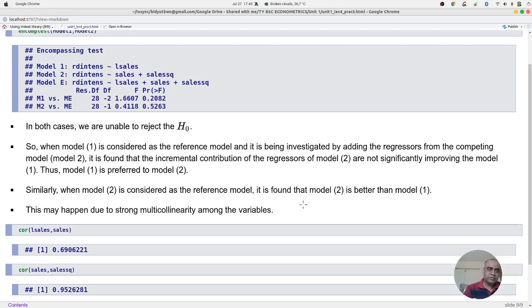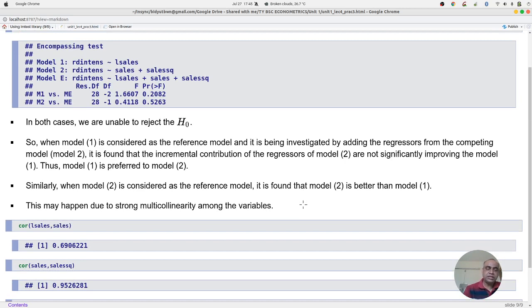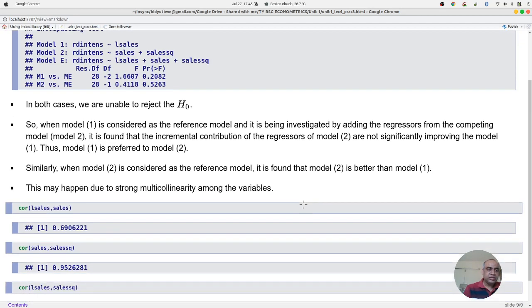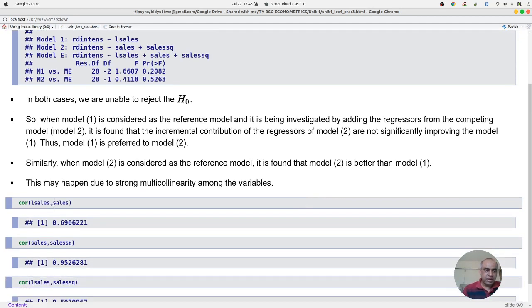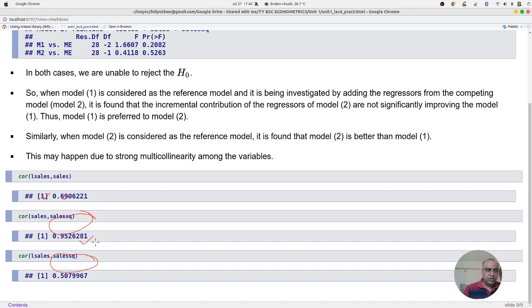This happens sometimes in the Encompass test because of high multicollinearity among the explanatory variables, and we have checked here the correlation among the explanatory variables. First we checked the correlation between log of sales and sales, and it is found to be almost 70%, 0.769, and the correlation between sales and sales square is also quite high, 0.95, and log of sales and sales square is 0.507.